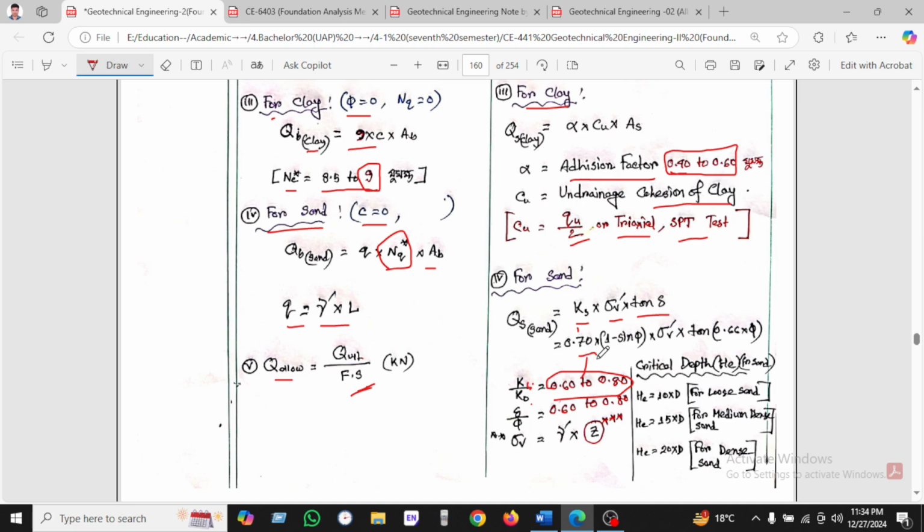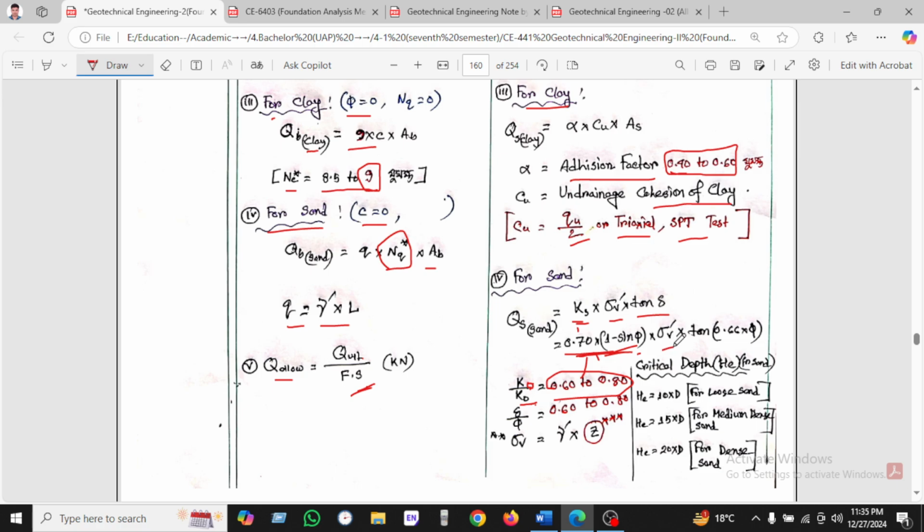We are taking 0.70 here, and 1 minus sin phi, which is K naught. So Ks by K naught is 0.60 to 0.80, but we will use the average value, which is 0.70 into K naught. K naught is nothing but 1 minus sin phi. Okay, so this is coming from Ks.